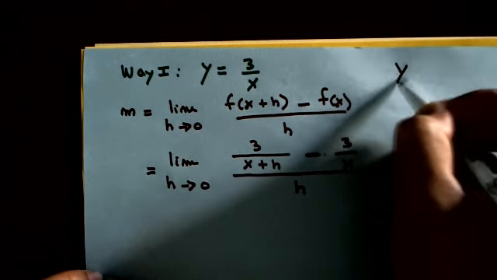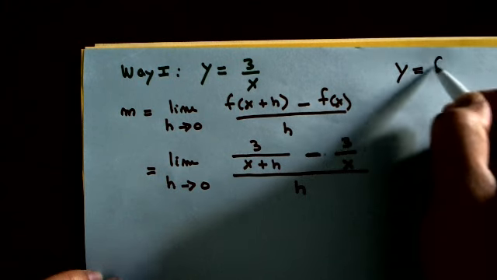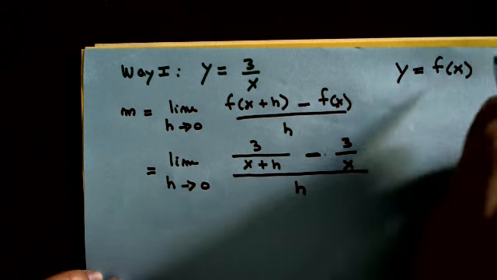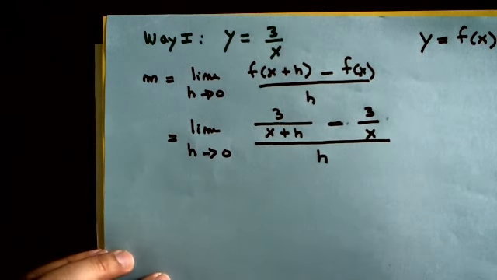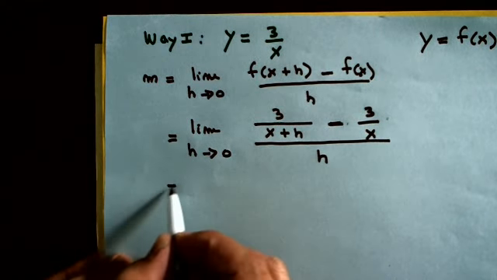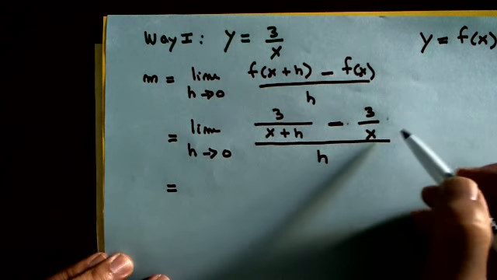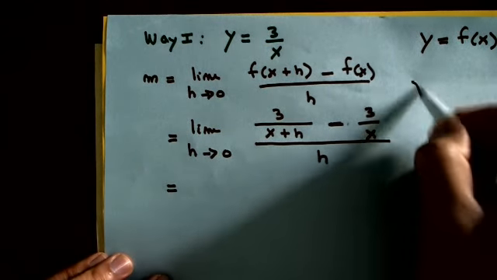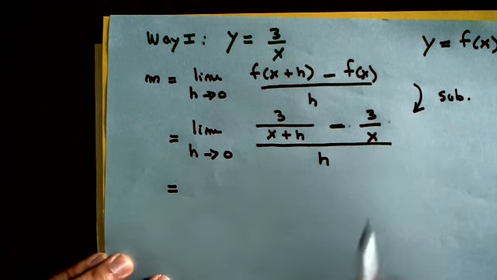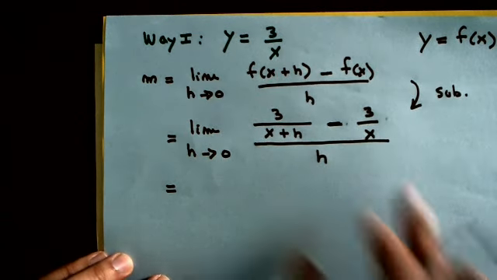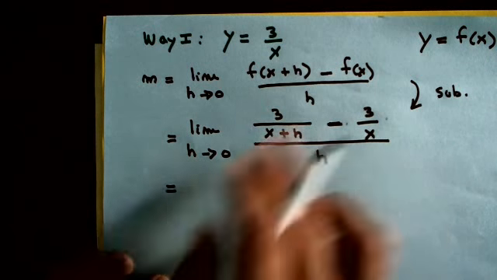Just recall that y is your f of x. Now, from this step to this step was just a substitution into the function. Now we have to do a little bit of algebra to solve this.